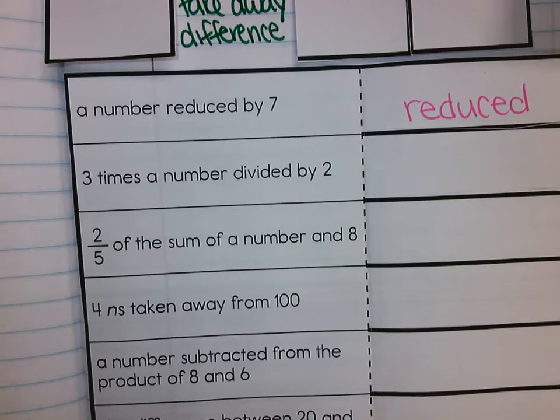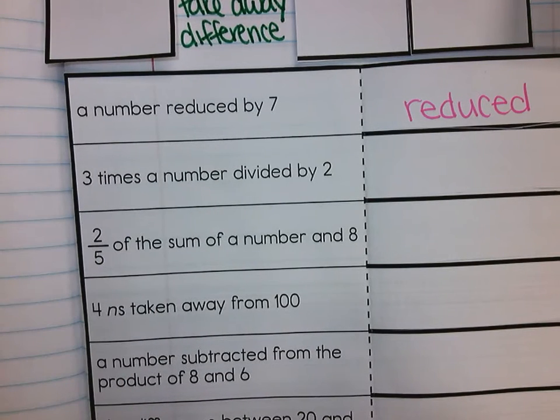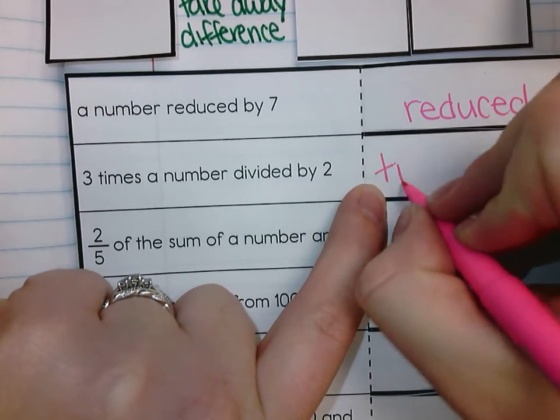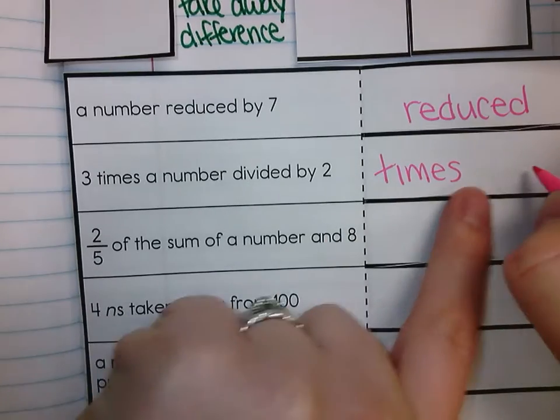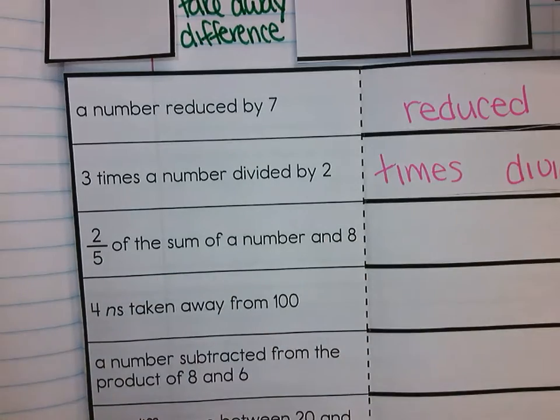Right? A number. 3 times a number divided by 7. We've got the word times, and we have the word divided.